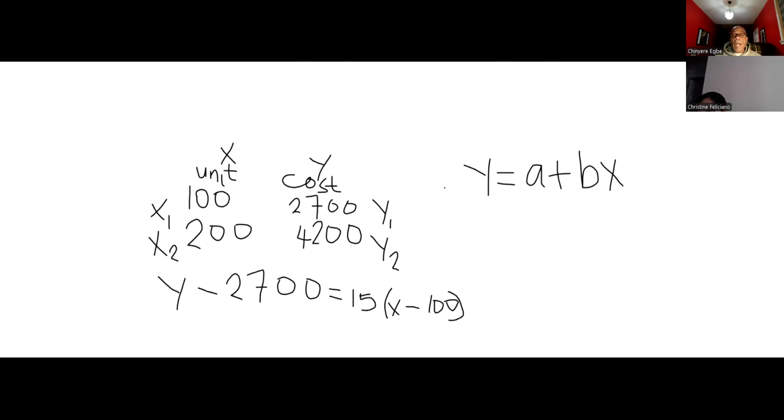So then when you say y minus 2700 is equal to 15 times x, what is that? 15x.